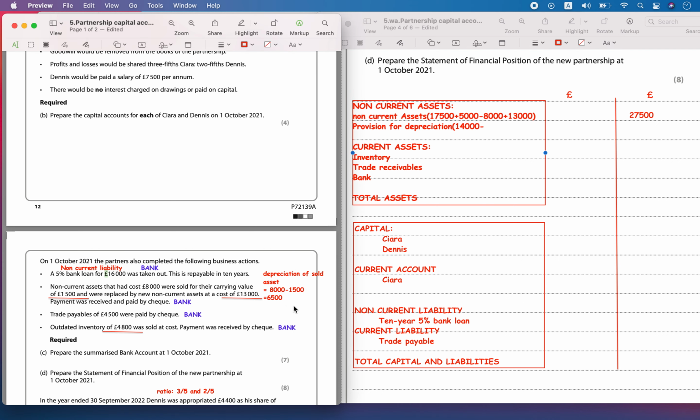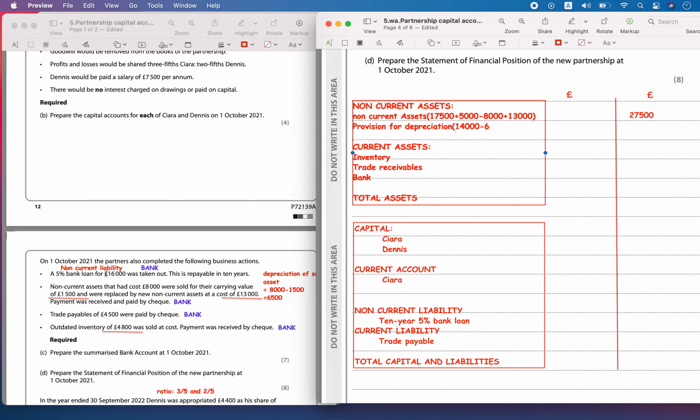So cost minus the carrying value of that asset sold is going to give you the depreciation. 8,000 minus carrying value gives you depreciation, so that is 6,500. So we have 14,000 minus 6,500, and the value is going to be 7,500. 7,500 is the total accumulated depreciation.